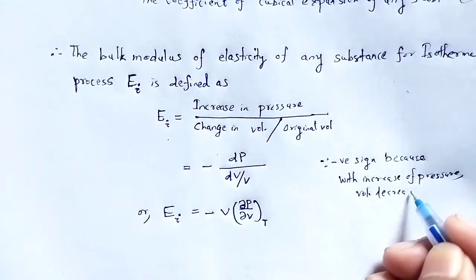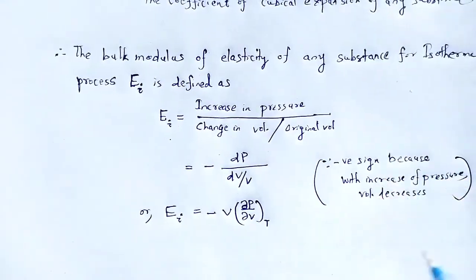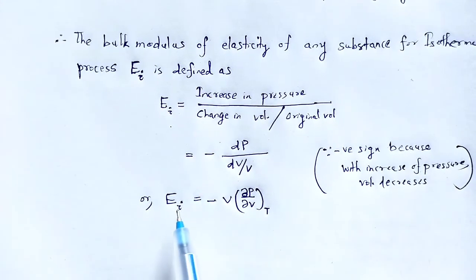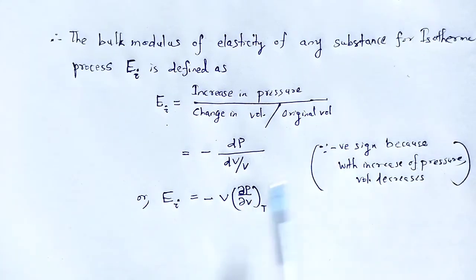Increase of pressure results decrease in volume. This is the first one, that is the modulus of elasticity of any substance for isothermal process.